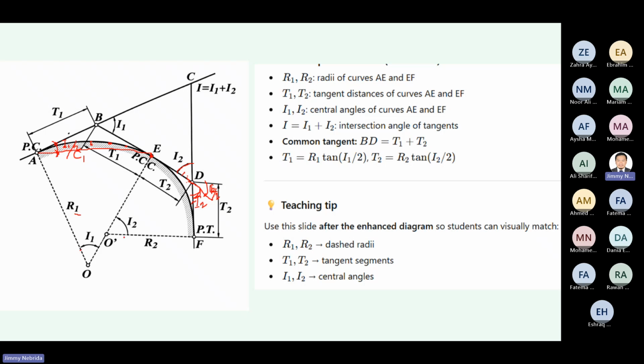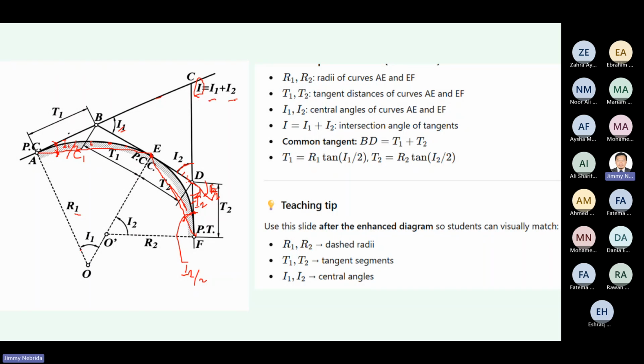And this is also the central angle. All right, and then if we connect again, it's the long chord for the second curve. Then this is also I2 over 2.